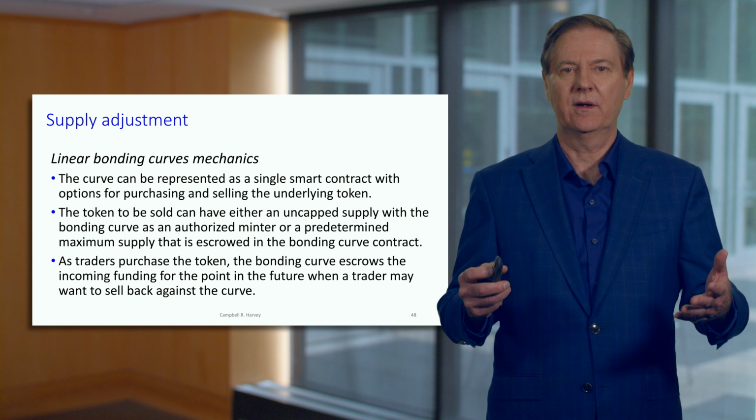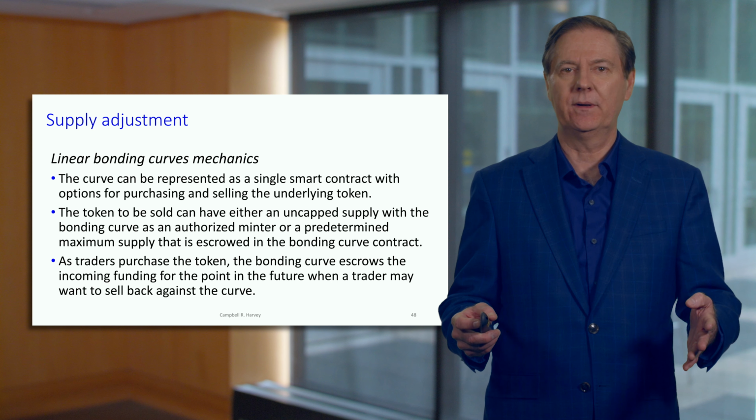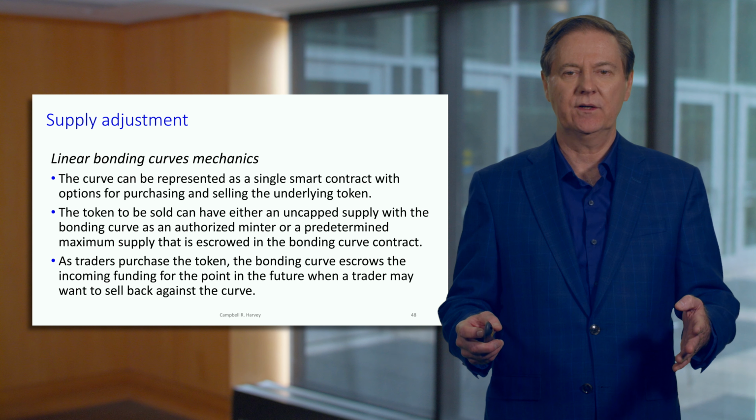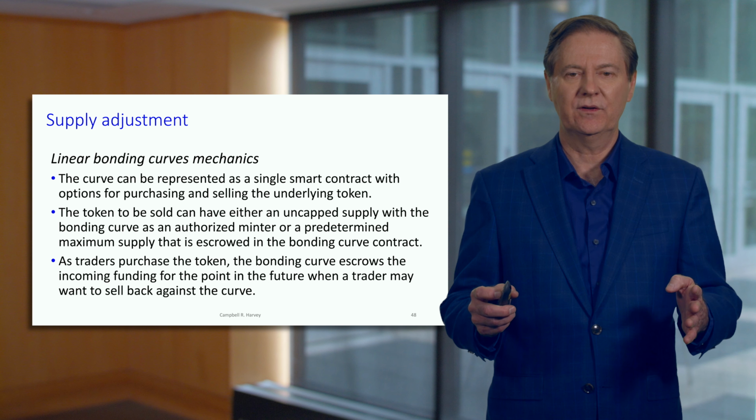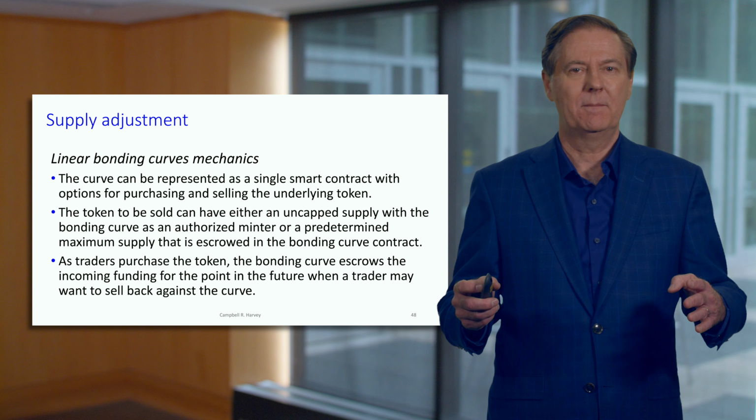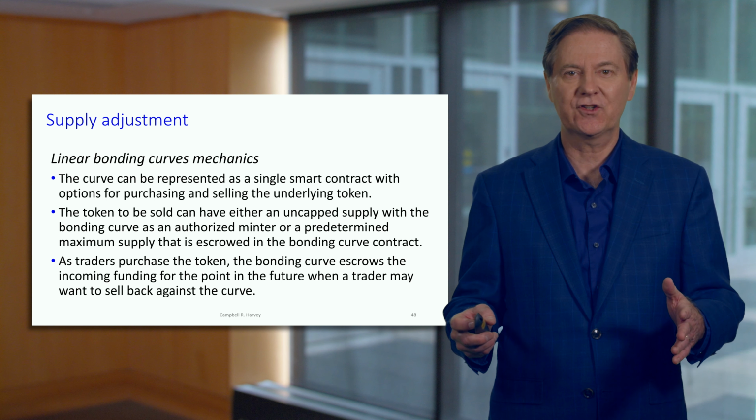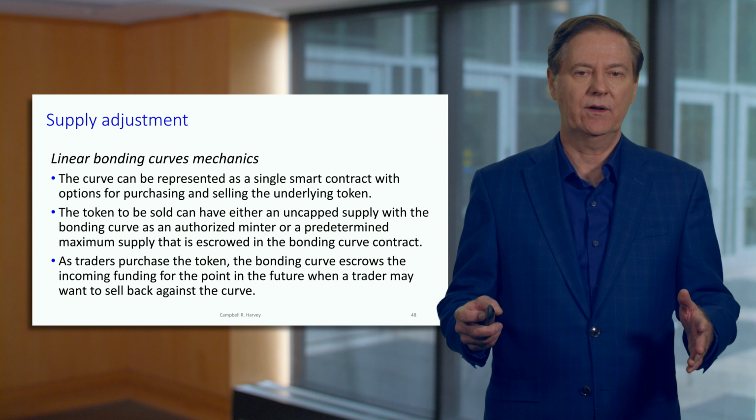So this is basically an example of a decentralized exchange. This is, again, a very significant innovation because we're doing this without a broker, without a middle person at all.